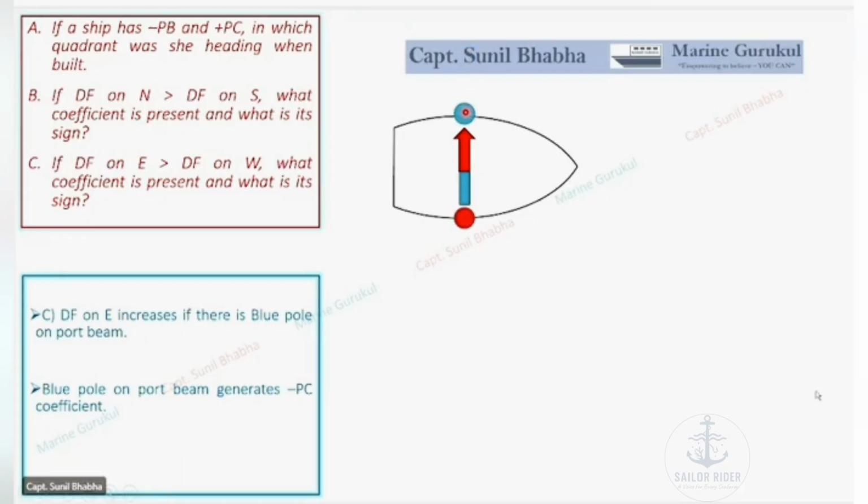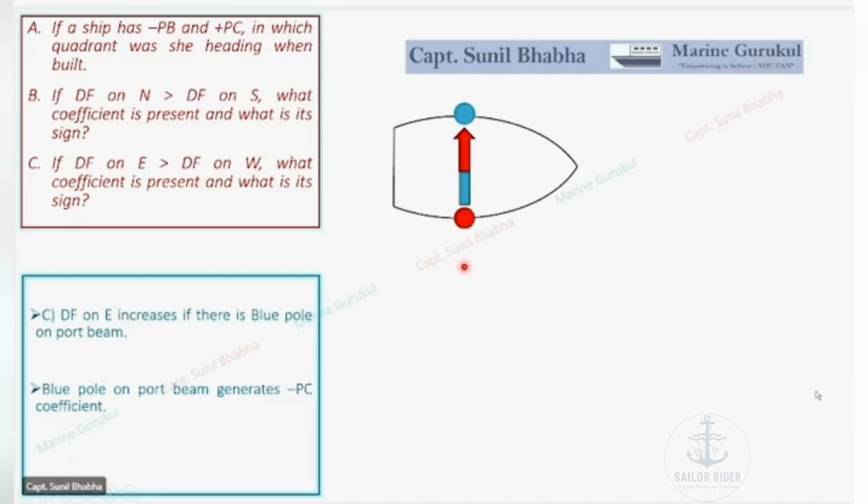If you have a blue pole on the port beam, it matches with the blue pole of the Earth, increasing the directive force. Likewise, if you have a red pole on the starboard beam, it matches with the south magnetic pole of the Earth, which is red, and increases the directive force. So the fact simply tells us that the ship has a blue port beam and a red starboard beam.